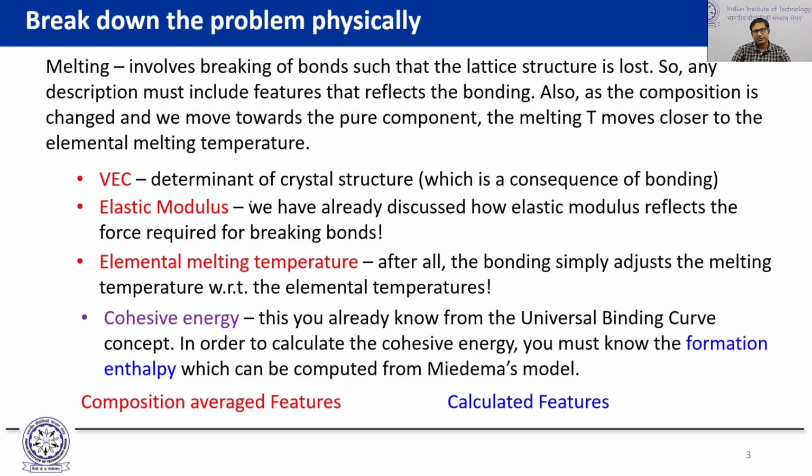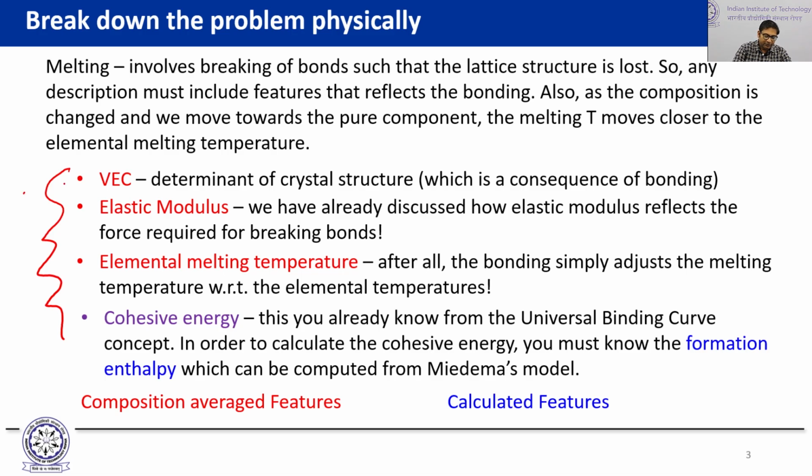Elemental cohesive energy values are going to be quite easily available. In fact, if you look somewhere in Kittel's book, in the second chapter where he discusses crystal binding, you will have a table of cohesive energies of the pure elements. So these would be some of the features which are going to be really useful.